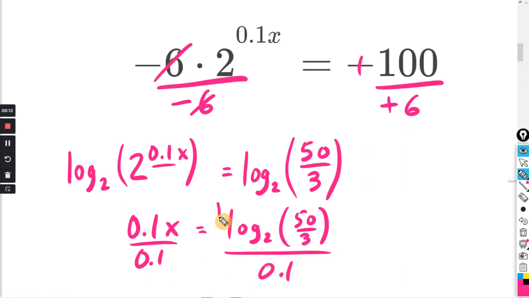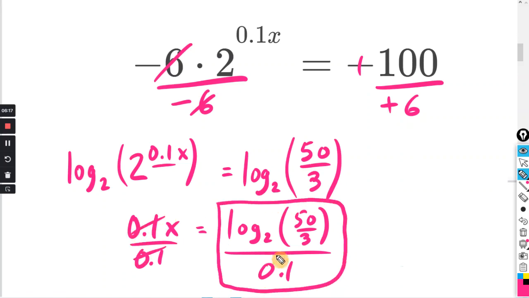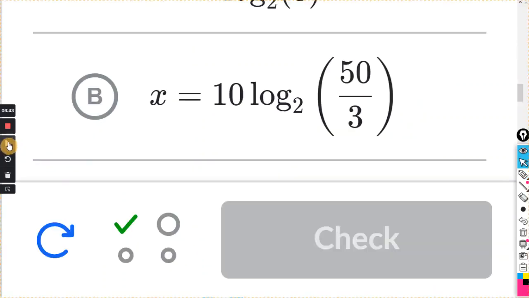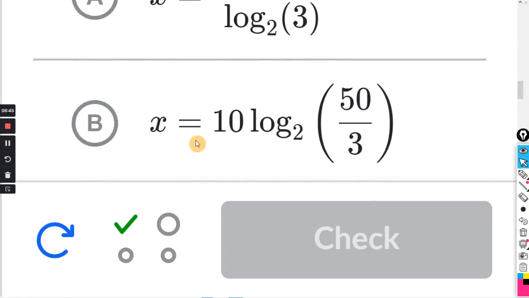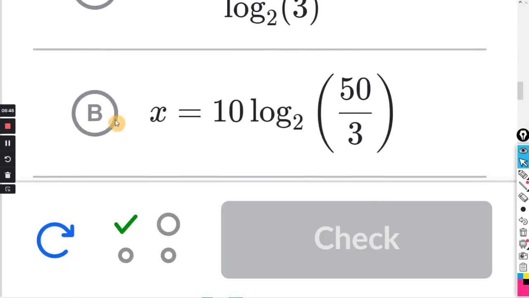So hopefully this is one of the answers: log base 2 of 50/3 divided by 0.1. If not, I know that dividing by 0.1 is the same as multiplying by 10. So the only other option I can think of is 10 times log base 2 of 50 over 3. Hopefully it's one of these two. Scrolling down, it's answer B, 10 times the log base 2 of 50/3.